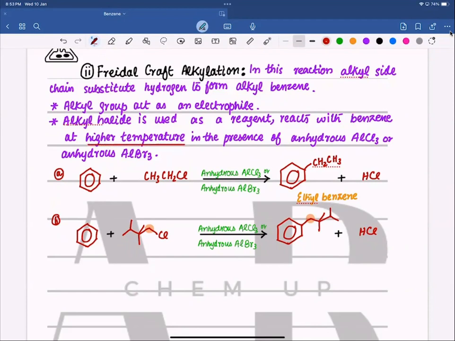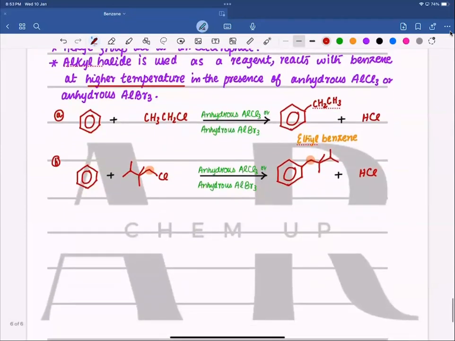Now we are going to see the mechanism, but first, before the mechanism, we have to see the formation of the electrophile, as the examiner can also ask you for it. So we will see the equation for how the electrophile can be formed in both of the cases.